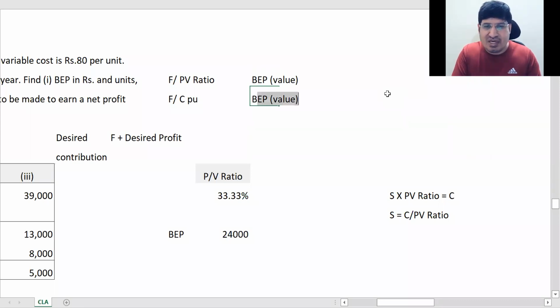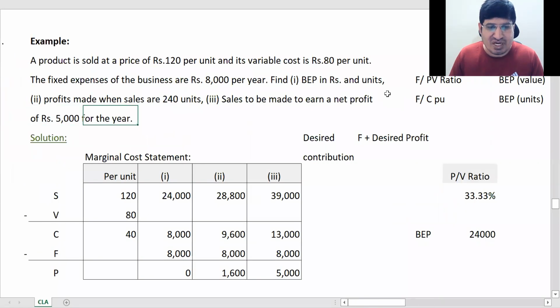And this is BEP in units. The second formula is BEP in units, which you can find out by fixed cost upon contribution per unit. So fixed cost is 8000, and 8000 upon contribution per unit 40 is 200. So 200 is your break even point in units.